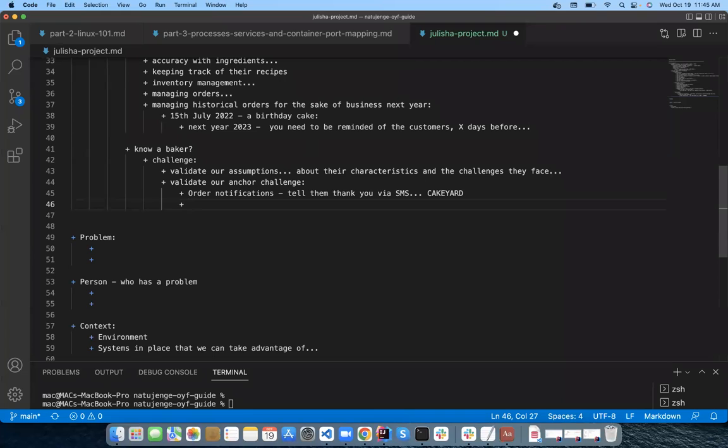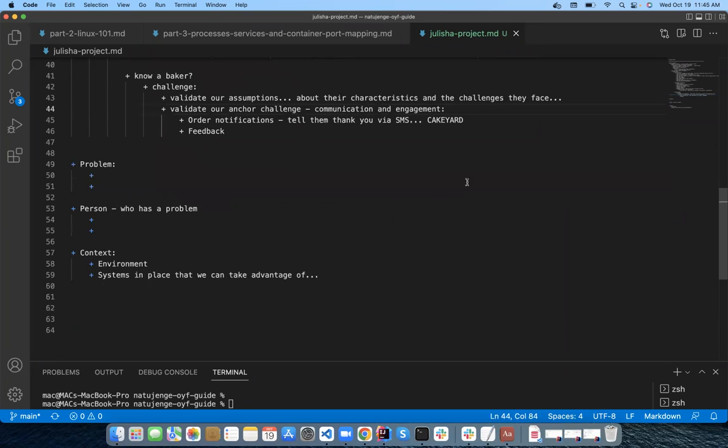There is also the question of feedback. We are now dealing with our anchor challenge around communication. Communication and engagement. That's the problem domain that we want to address. And the reason why we are doing that is because, as part of the context, there are systems that are already in place that we can take advantage of to fix these guys' challenges.